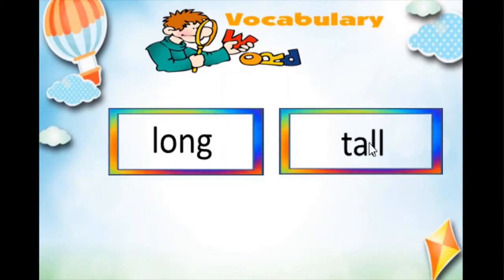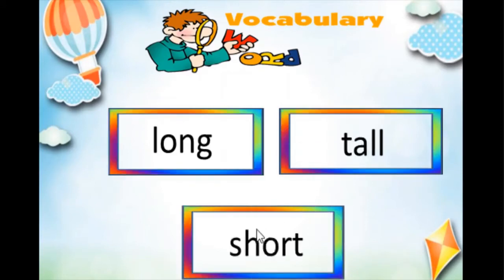And lastly, we have short. Short. Long, tall, short. These three words are important words when we talk about measuring the length and the height of objects or people.